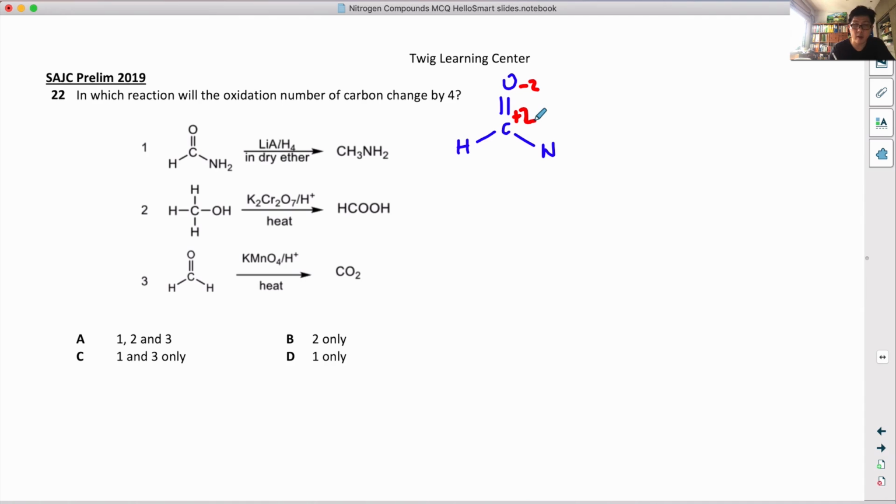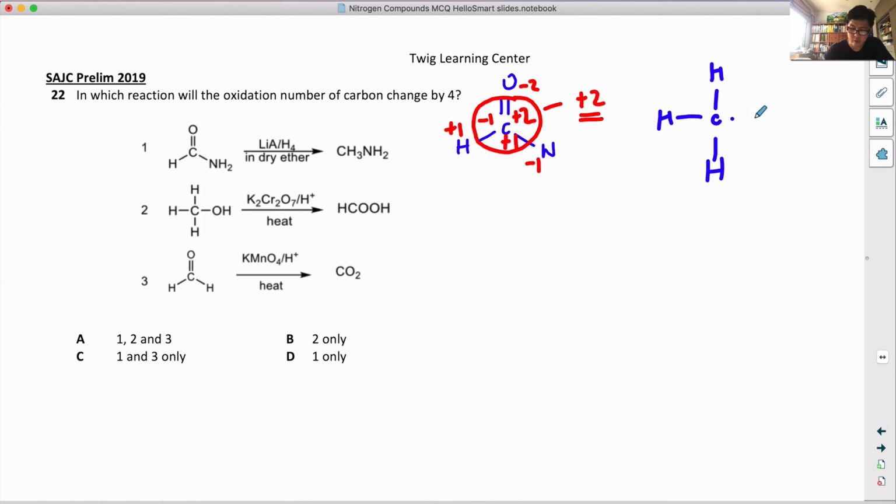This is a single bond and the N is more electronegative, so I'm going to put -1 for N and +1 for carbon. Between carbon and hydrogen, carbon is more electronegative, so it's a single bond, so -1 for carbon and +1 for hydrogen. Can you see that? Then you sum it all up, and you notice that this carbon's oxidation state is +2. Let's look at the next one, CH3.